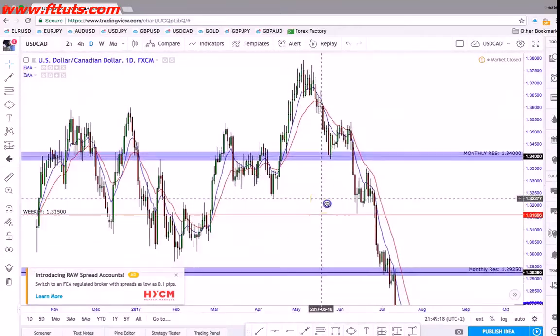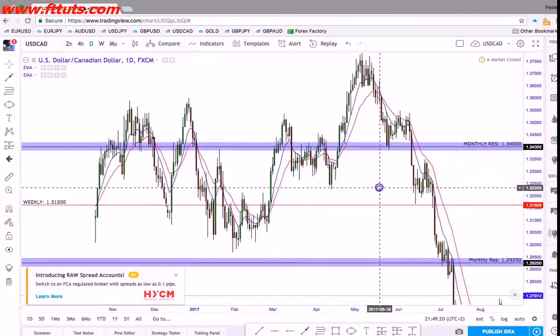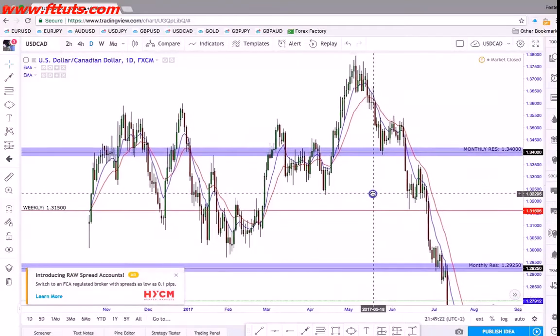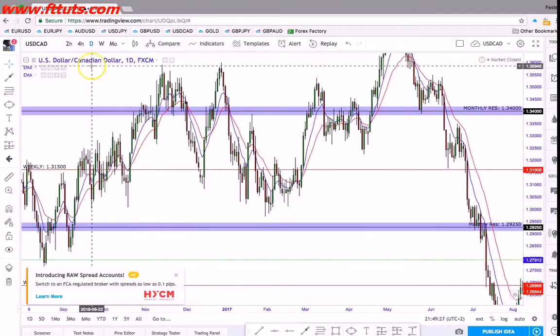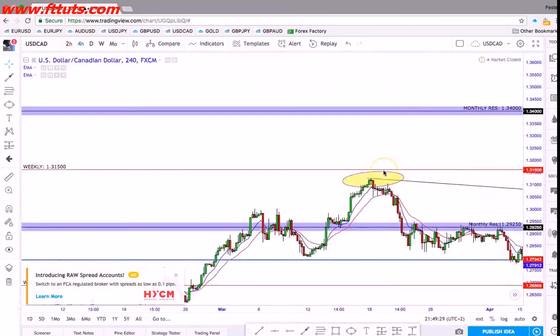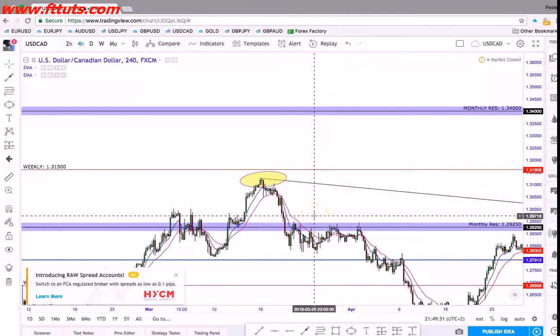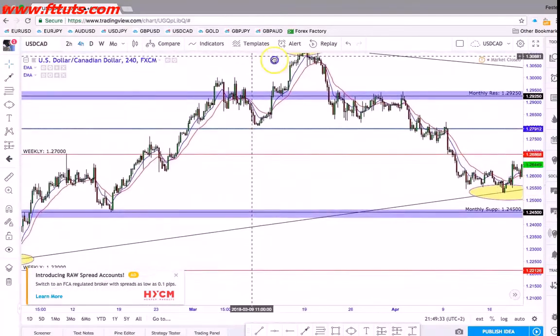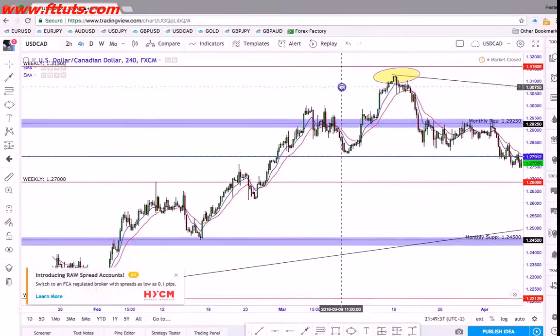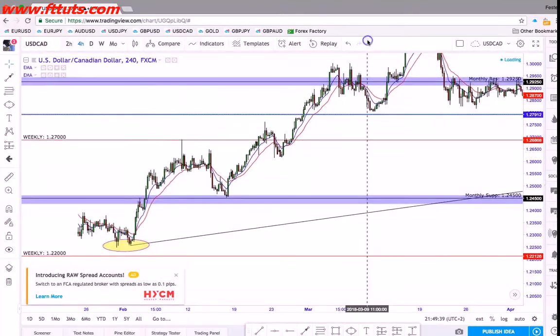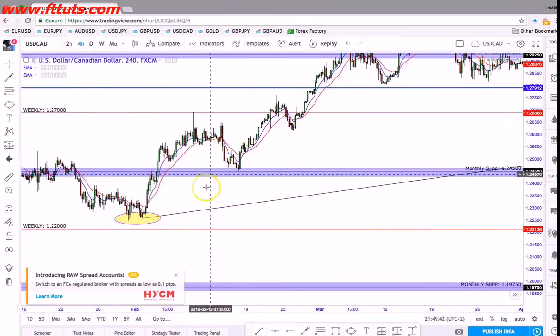Let's see if we can find a third bounce here. Here we go, to the 4 hour. Okay, so here we go.